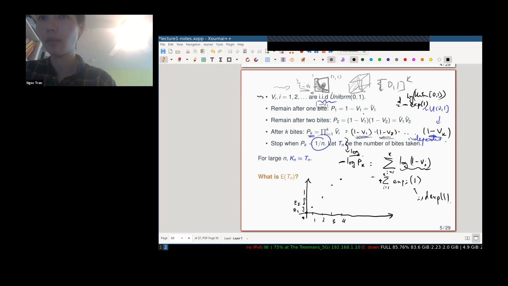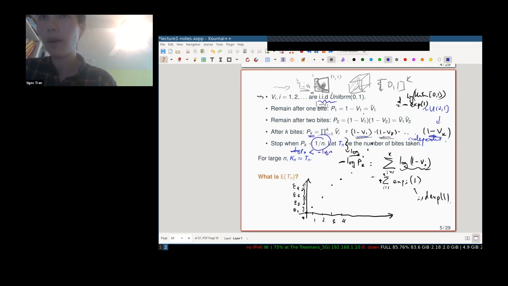This is another exponential 1, and this is another exponential 1, and so on. So I have basically an increasing process, and I'm looking for the first time in which I'm crossing the line. I need log of p_k to be less than log of 1/n, which is minus log n.